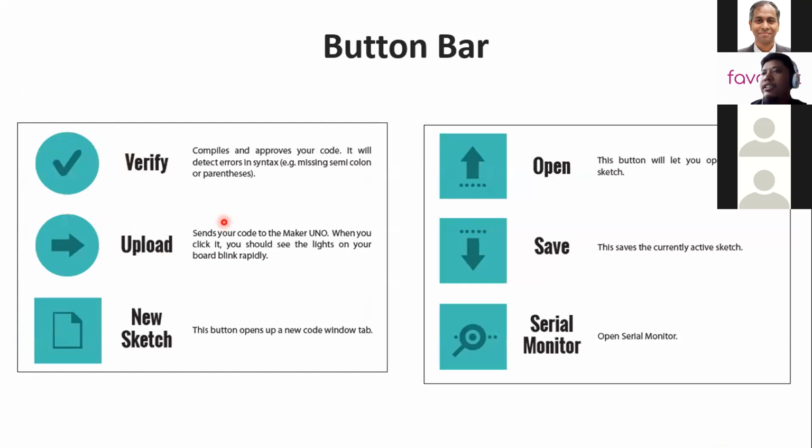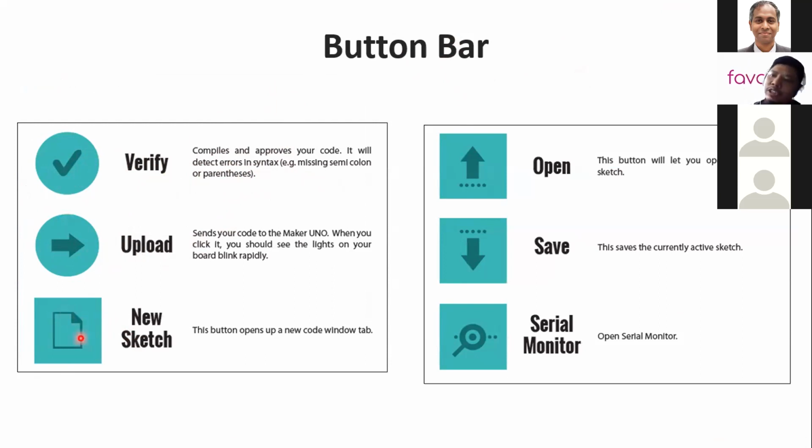So these are the functions of the menu buttons. This right-tick button is for verify. If we are not sure whether the code is okay or not, we can use this button to verify our code before upload. The arrow button is to upload the code.